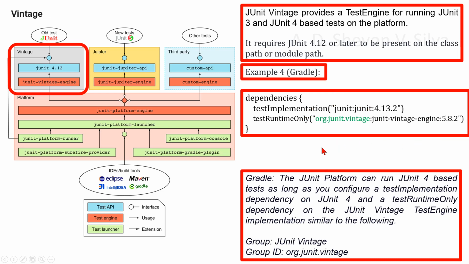The JUnit platform can run JUnit 4 based tests as long as you configure a test implementation dependency on JUnit 4 and a test runtime only dependency on the JUnit Vintage test engine implementation, similar to the following. And here org.junit.vintage, this is the group ID.